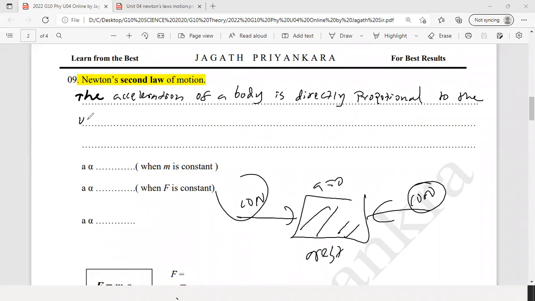Acceleration is directly proportional to the unbalanced external force acting on it, and it is inversely proportional.